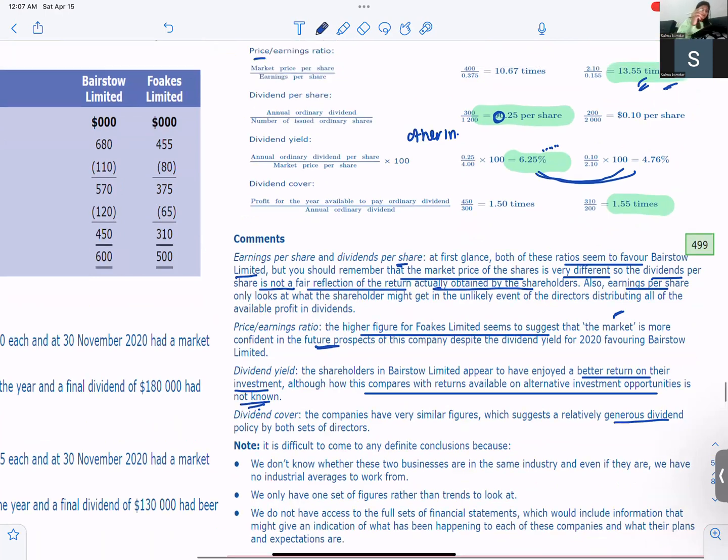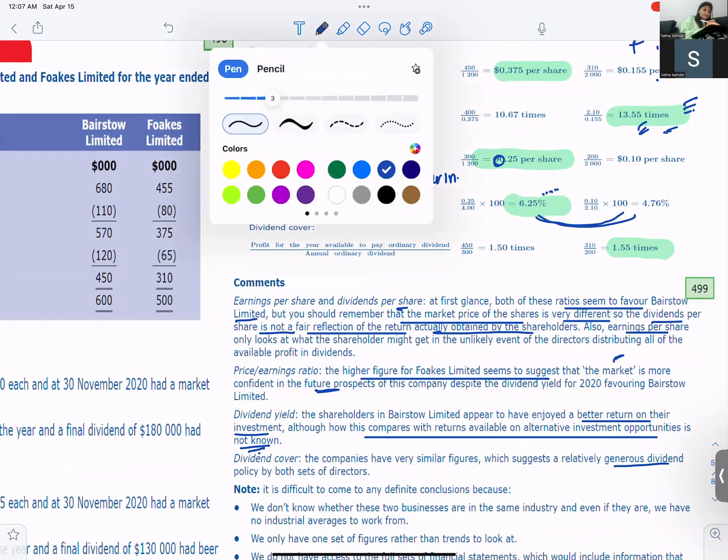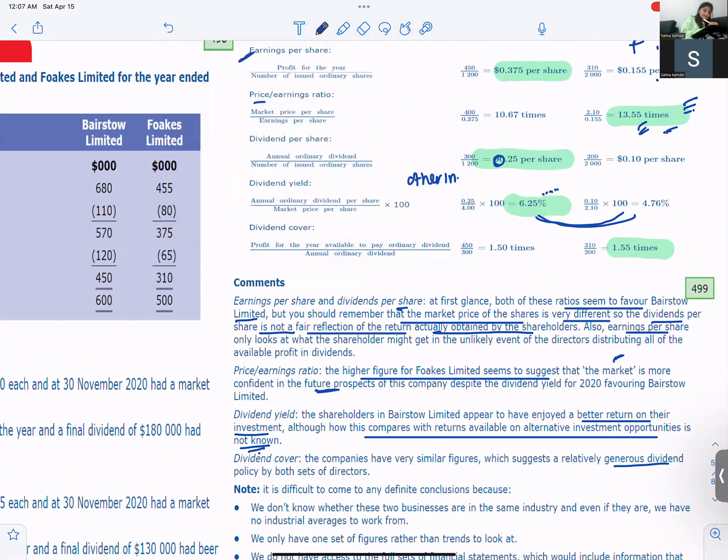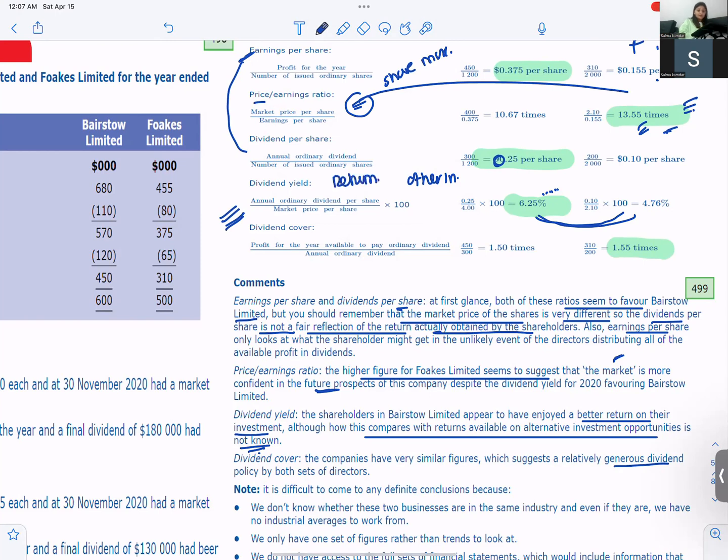First, you will comment together on the earning per share and the dividend per share. Then you will say who has a better price earning ratio. The company which has a better price earning ratio, the shareholders are more confident about the future. Which company gives the better dividend yield? Which company gives the better dividend return to the shareholders?